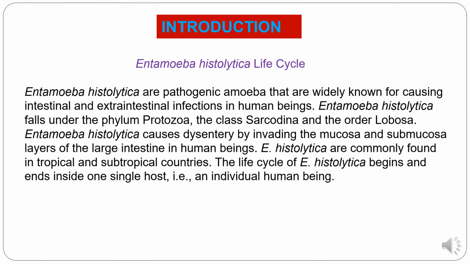Let's know about the Entamoeba histolytica life cycle. Entamoeba histolytica are pathogenic amoebae that are widely known for causing intestinal and extra-intestinal infections in human beings. Entamoeba histolytica falls under the phylum Protozoa, the class Sarcodina, and the order Lobosa.